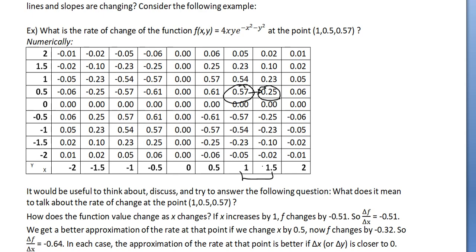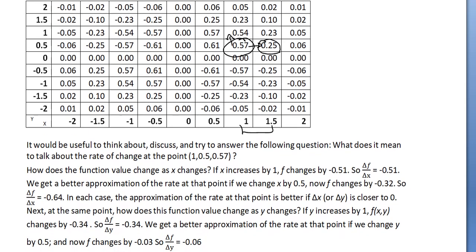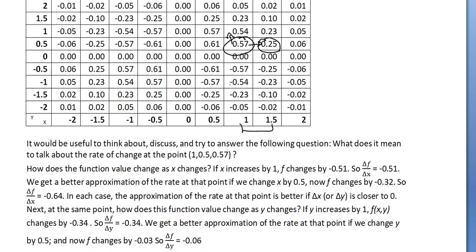But now, of course, we know that we can also talk about another rate, which is the rate as y changes and x is constant. And we could do that by heading in the vertical direction. So again, you could take y changing by 1, but we know we'll get a better approximation if we take y changing by half.